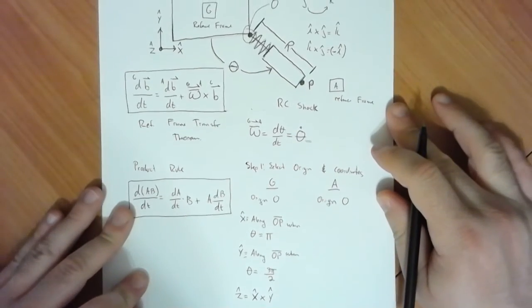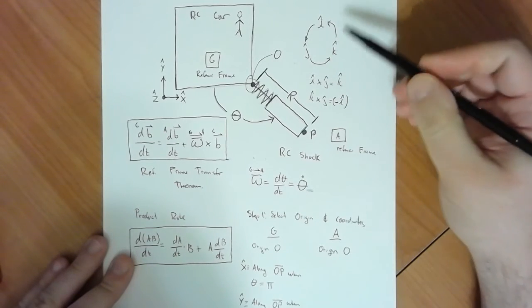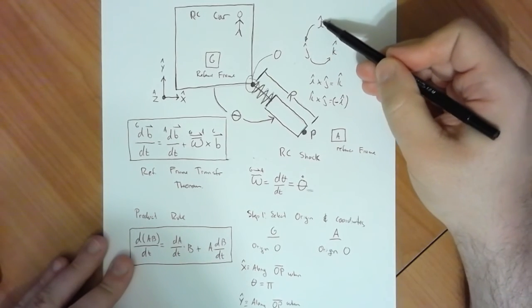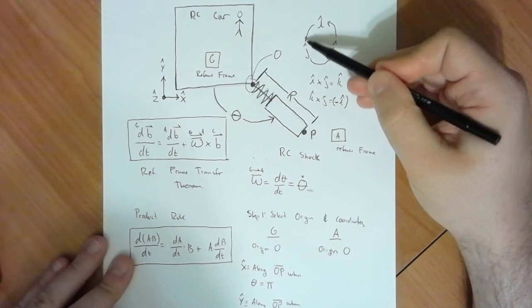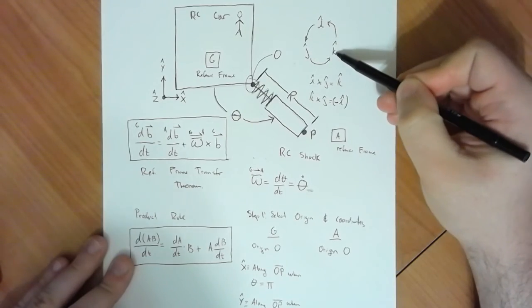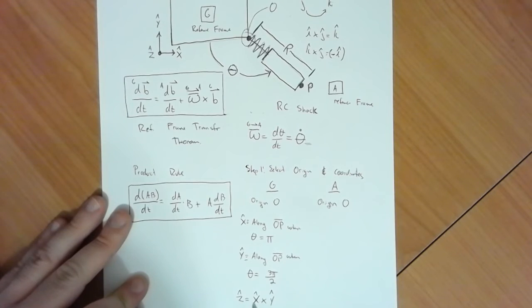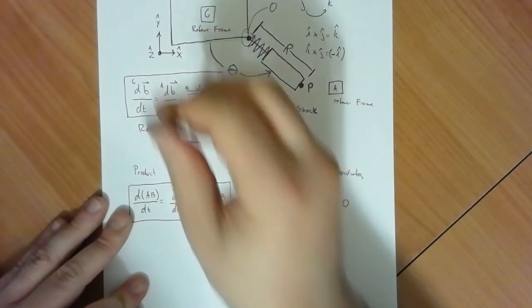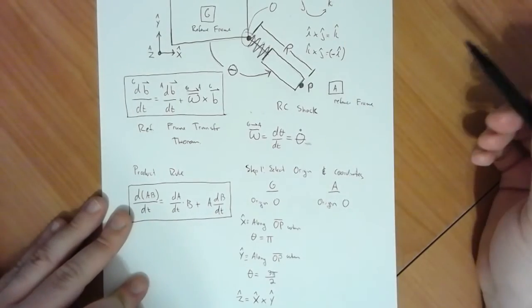If I remember back to my little circle here, x hat is a lot like i hat, and y hat is a lot like j hat. So i hat cross j hat is like x hat cross y hat, which gives me k hat, which is z hat. And so z hat is just x hat cross y hat, and that is coming out of the page towards the camera, in that direction.